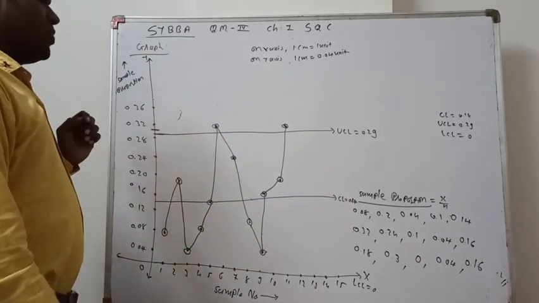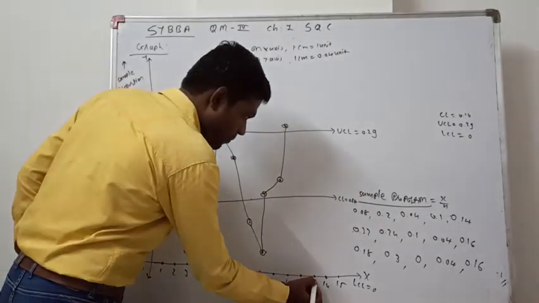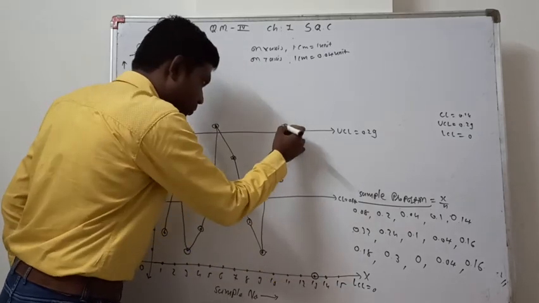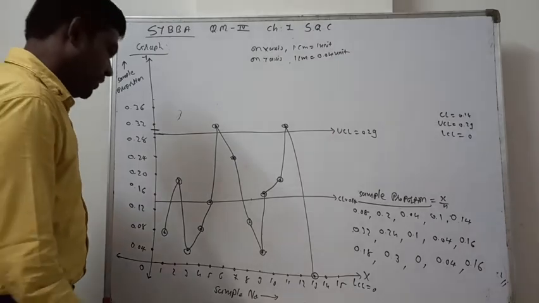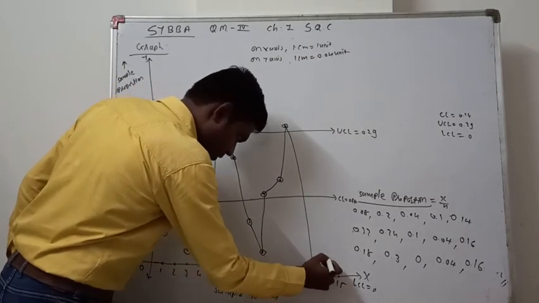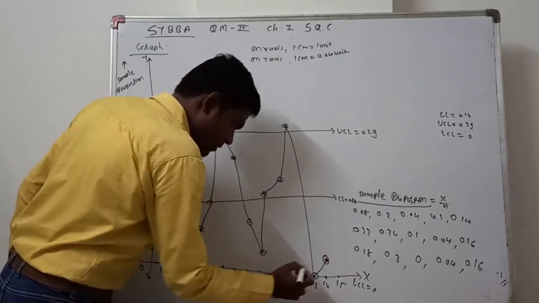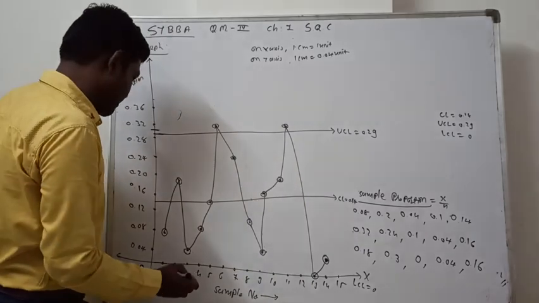Next 0, that is on the x-axis. Next 0.04, over here. Next last one, that is 0.16.